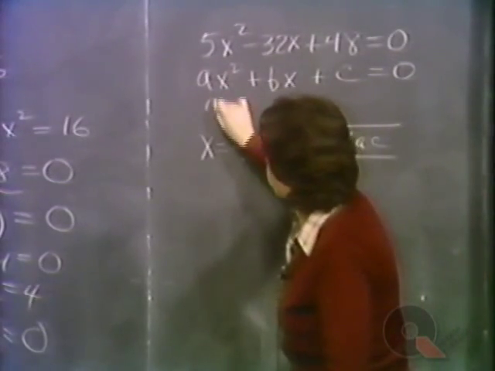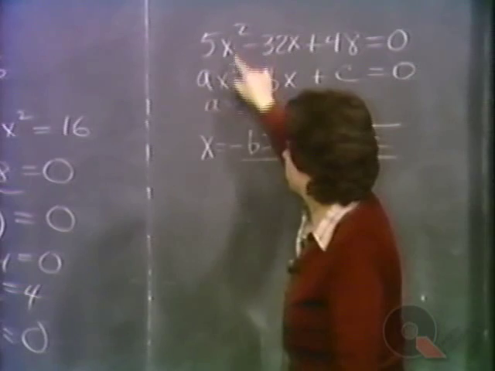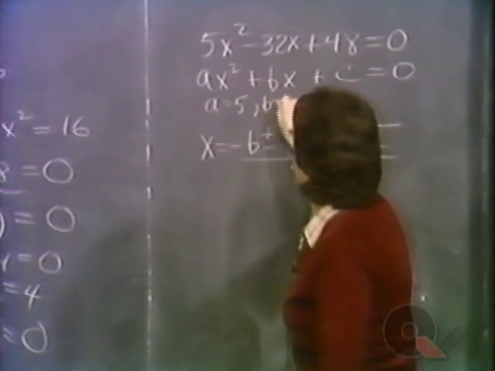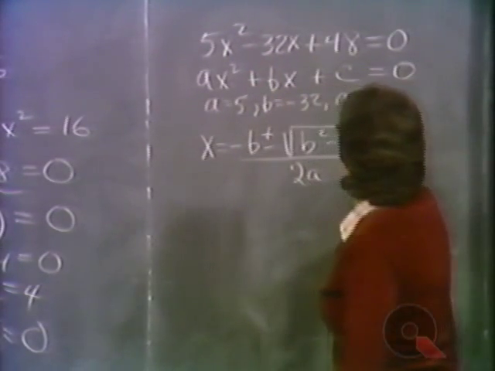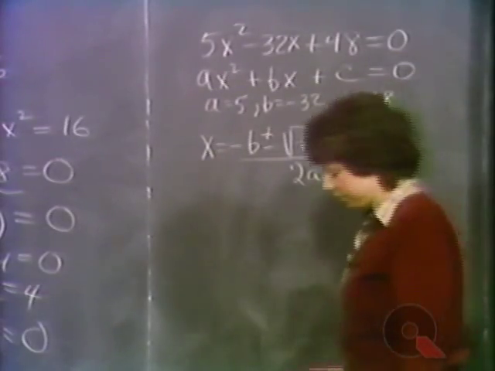We have here a is equal to 5, just matching up the coefficients of x squared. b is equal to minus 32. c is equal to 48.